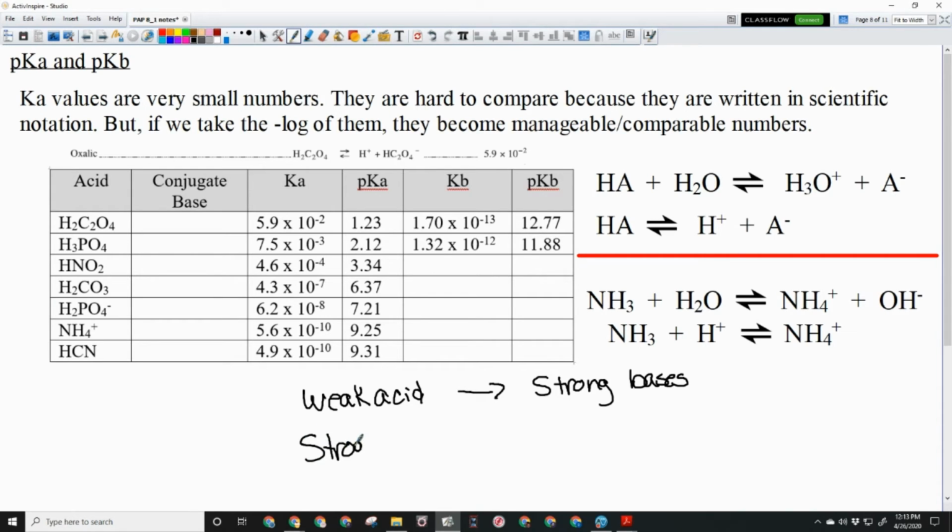Strong acids make weak bases. And that makes sense because here we have a very strong acid. Strong acid makes a very weak base. Strong acids make weak bases.